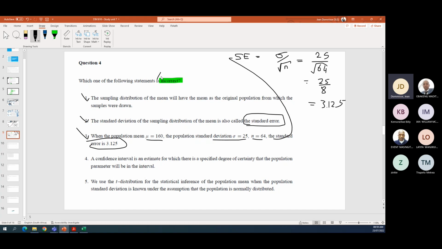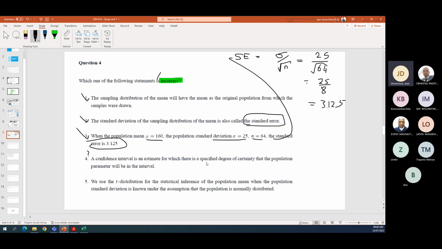So this was a bit strange, that you needed to do a sum within definitions. A confidence interval, we still get to this later in the study units. A confidence interval is an estimate for which there is a specified degree of certainty that the population parameter will be in an interval.